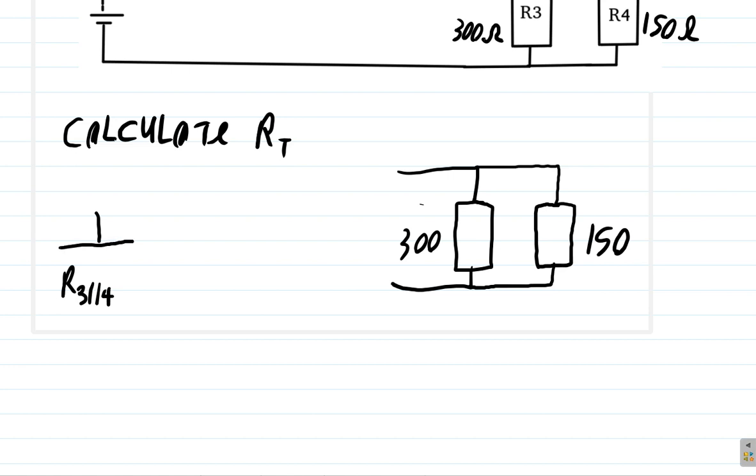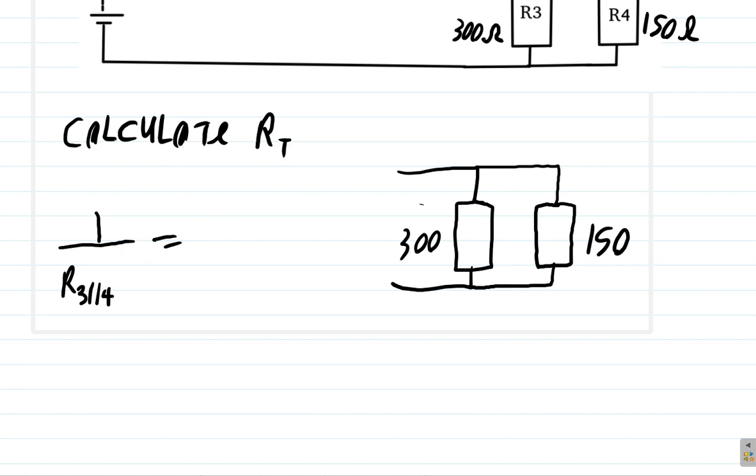So, 1 divided by the equivalent resistance of R3 and R4 in parallel. We're going to find the equivalent resistance of that.